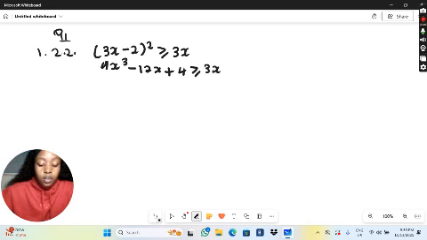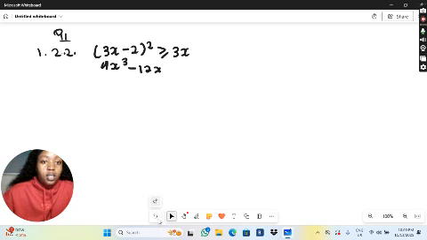So we are going to take this 3x and put it on the other side. So we're going to have 9x cubed minus 12, no, it's not x cubed, it's x squared. Sorry guys, these are some of the mistakes that you should avoid when writing.